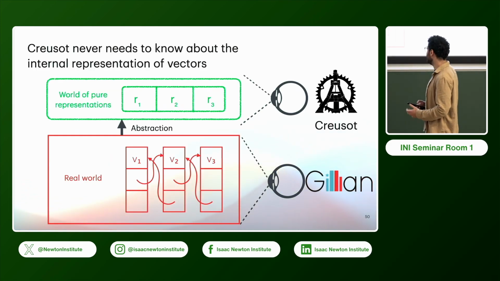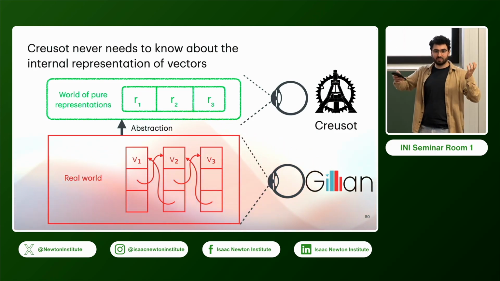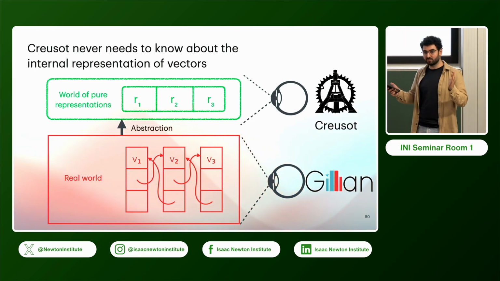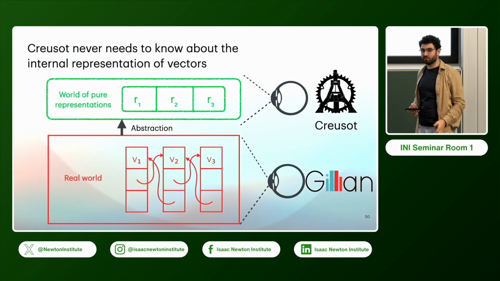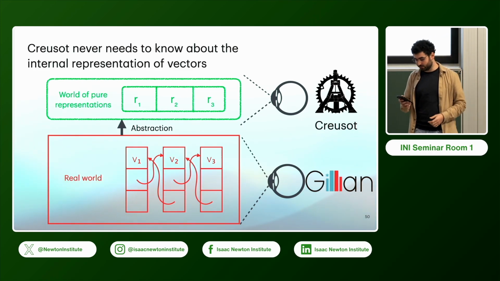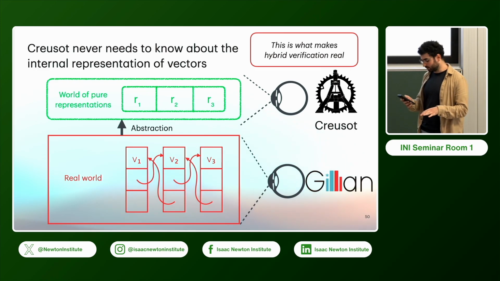So basically, Gillian-Rust can reason about what a linked list or a vector or whatever is using these complex separation logic invariants or even more complex structures. And then this is lifted to an abstraction world where Creusot can reason, and for Creusot, a linked list is just a sequence of data that has pure values. And this is really what makes hybrid verification work.